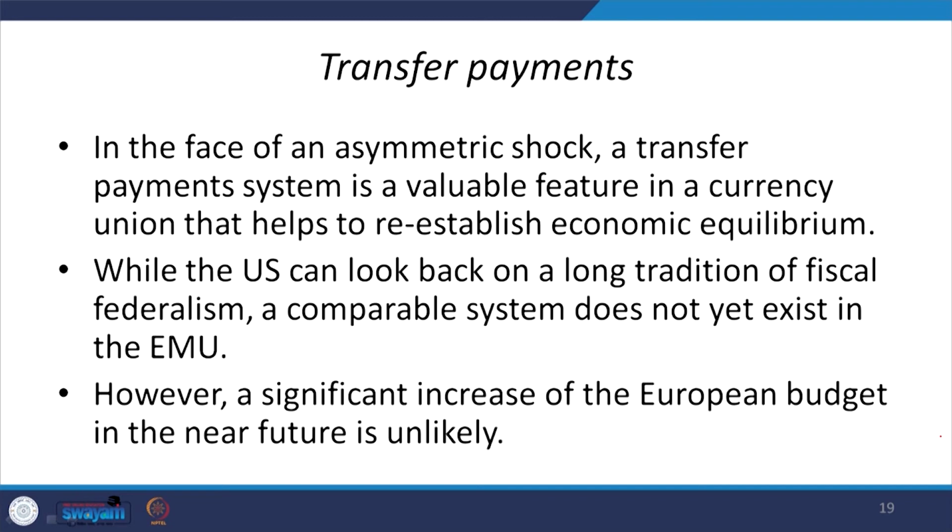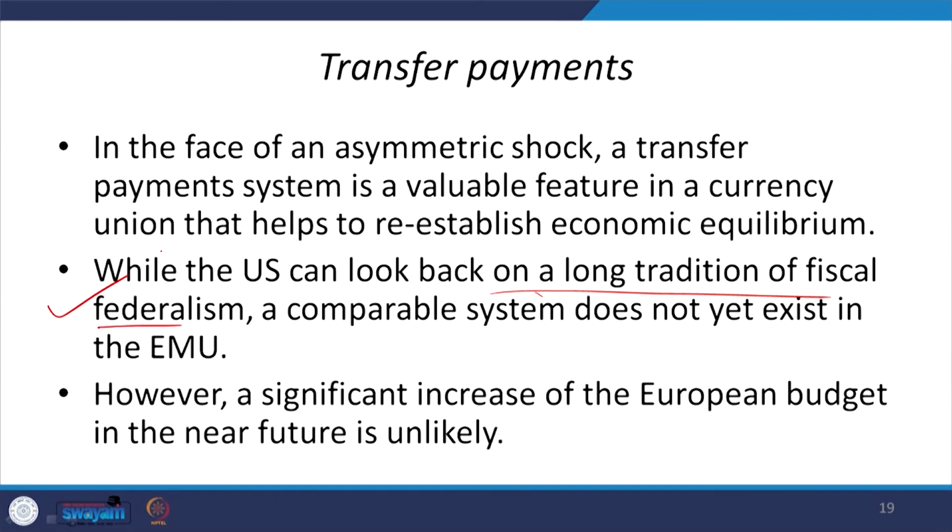In the face of an asymmetric shock, a transfer payment system is a valuable feature in a currency union that helps to re-establish economic equilibrium. While the US can look back on a long tradition of fiscal federalism, a comparable system does not yet exist in the EMU. Okay. So fiscal federalism is another aspect that is there in the US, but it is not valid to that extent in the EMU.